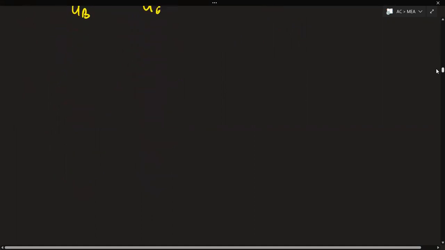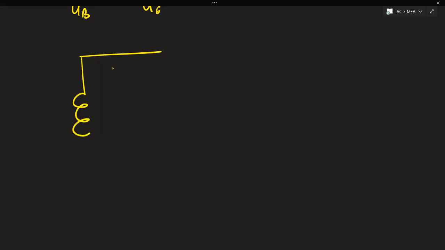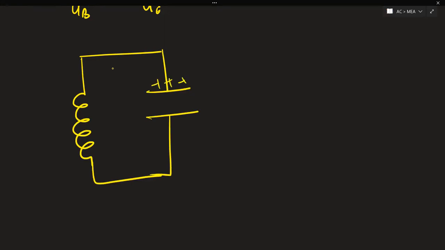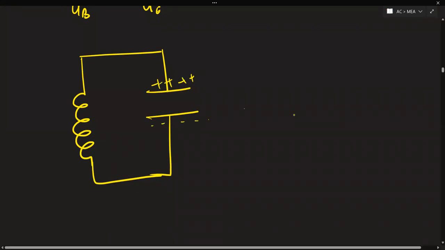Now what will happen as the circuit is now closed? The capacitor begins to discharge itself. I'll draw the circuit. These are the two parallel plates of the capacitor, positive and this is the negative side. Now the capacitor has begun to discharge itself.